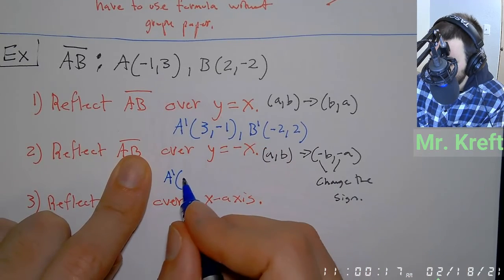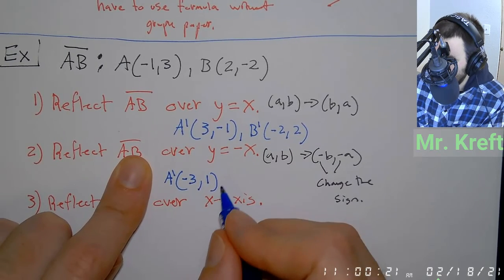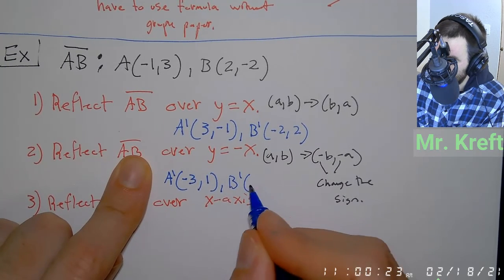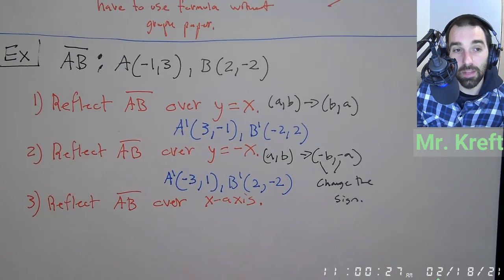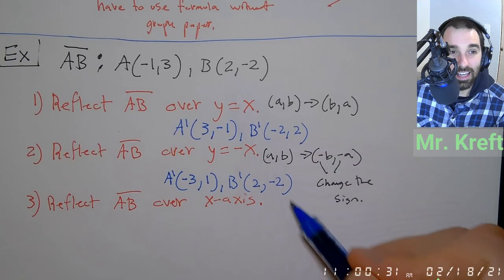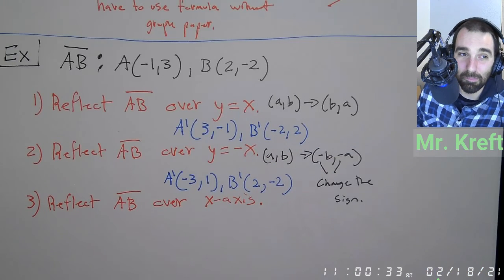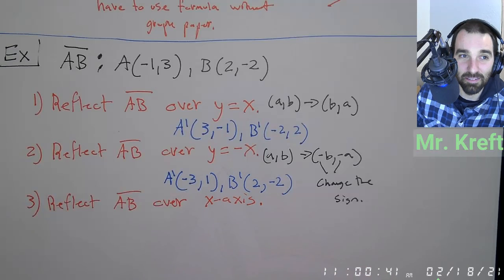So it's going to be (-3, 1). And then B prime would be (2, -2). So I switch them and I change the sign, which is funny because B and B prime are actually the same thing. Kind of cool, right? Because this point is on that line.